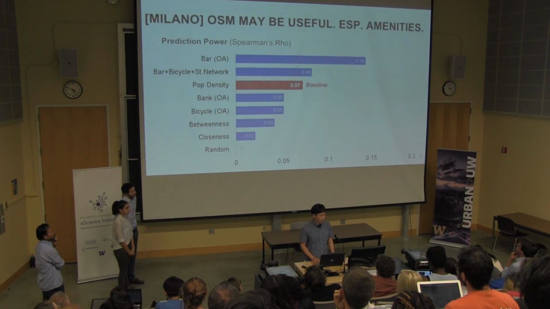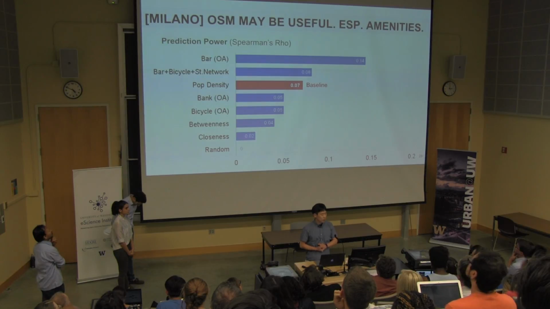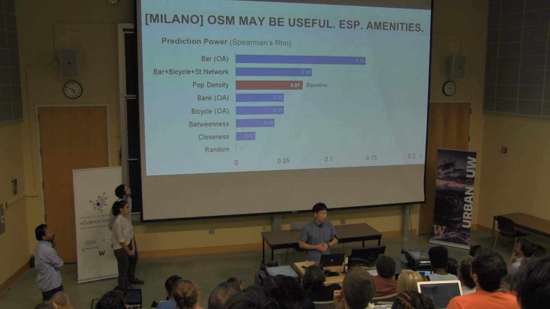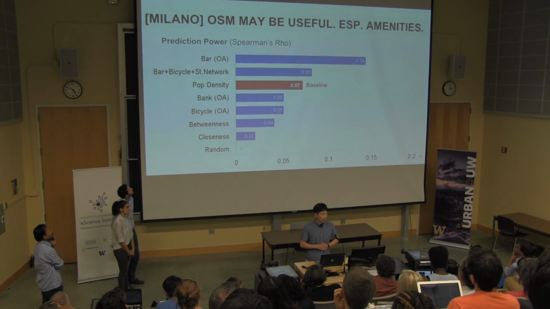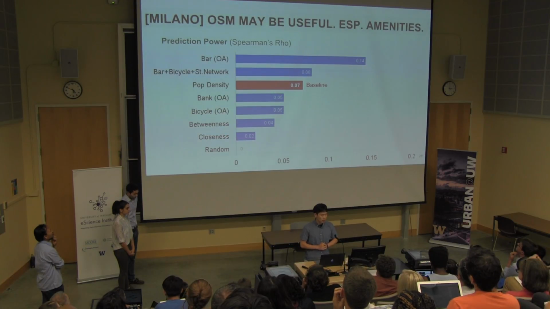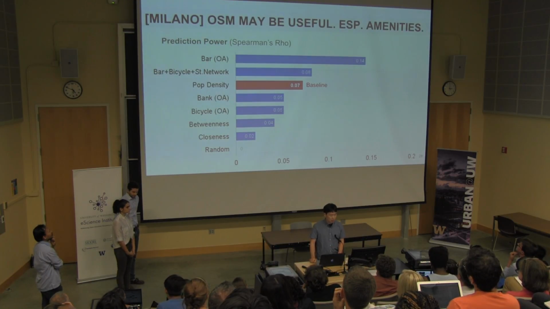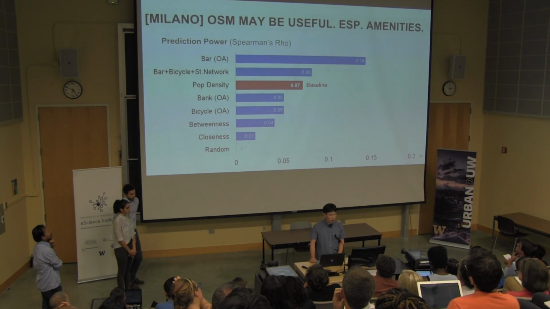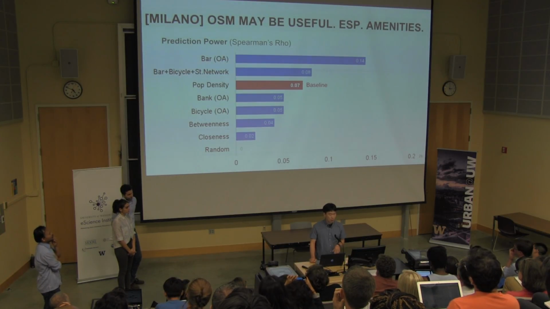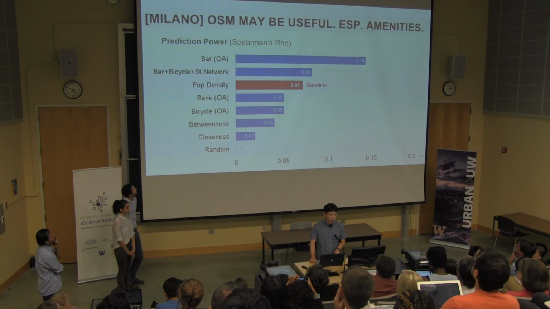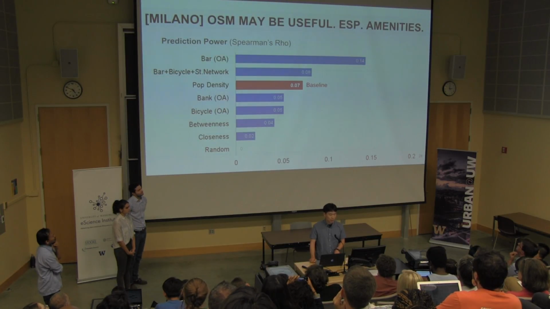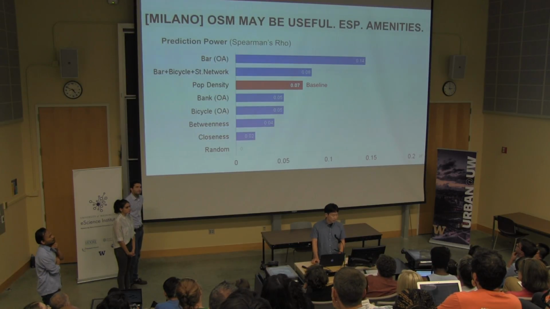So talking about the results, first of all, this is the result of the city of Milano, and the features are based on OSM. As you can see, the offering advantage based on bar predicts 14% of the poverty level, which is a 7% enhancement from the population density, which is a baseline in the city.